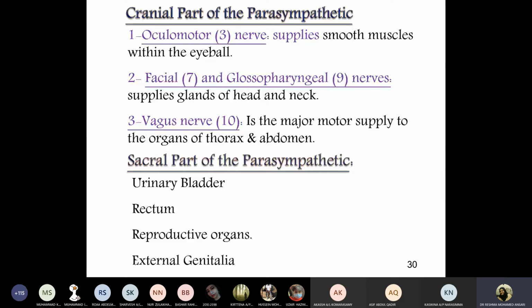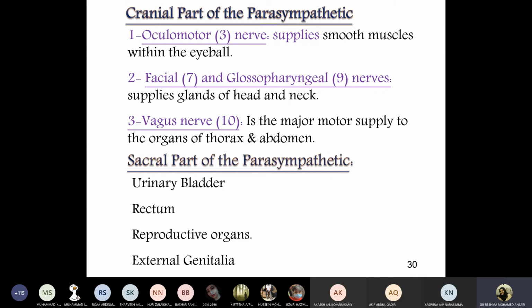If you're interested, yes, you can, but I wouldn't test you on this at this level. The oculomotor nerve supplies the muscles of the eyeball, and 7 and 9 supply all the glands of the head and neck. The vagus, or 10, supplies from the neck area up to the thorax and abdomen. So you see it stops at the abdomen.